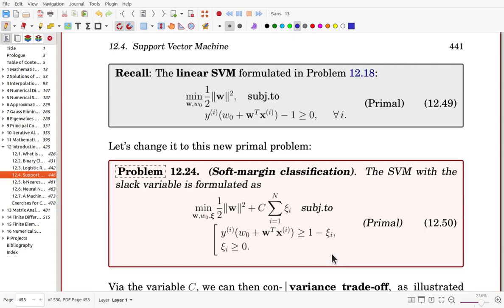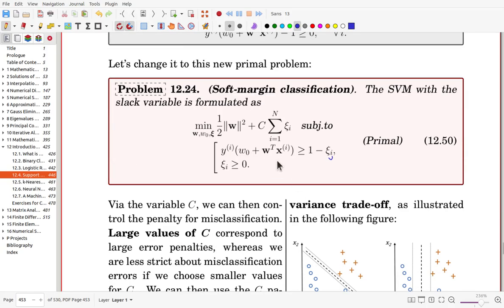We introduce slack variables, and now the summation of these slack variables is part of the objective function, and the same left-hand side, and over there, originally 0, rather than 0, we put minus psi i, and that is non-negative. Along with this one, a sort of cushion is added. So that's the formulation for soft margin.